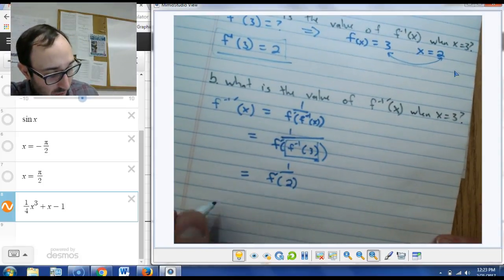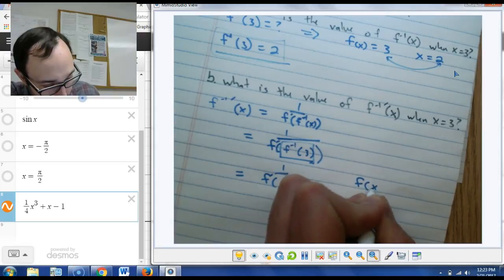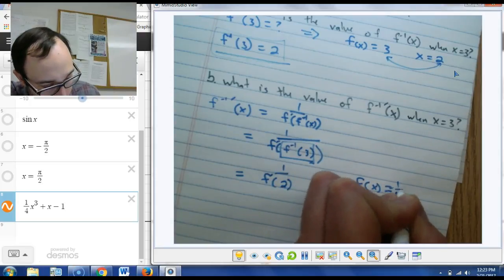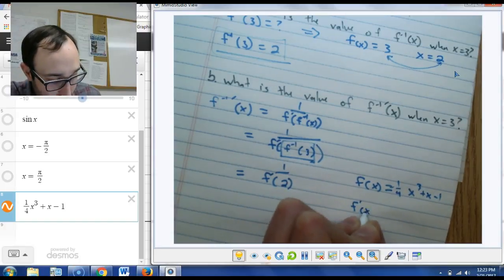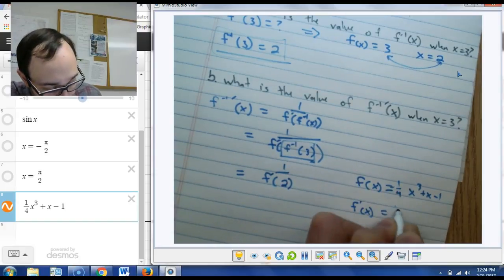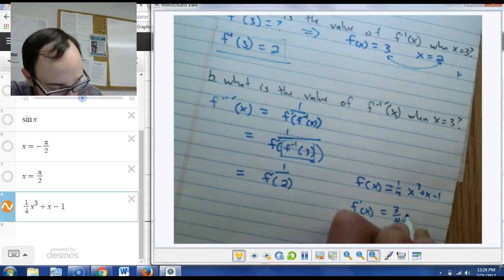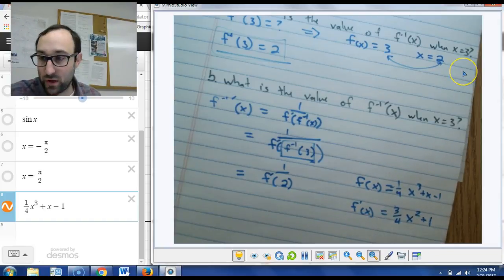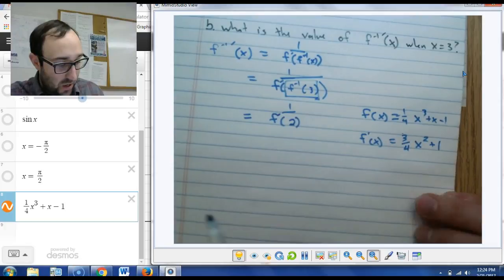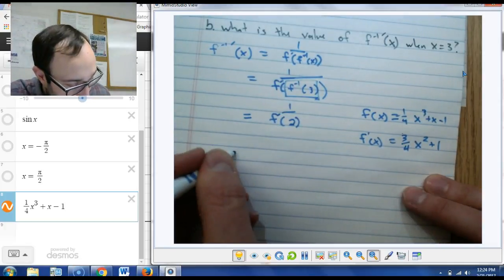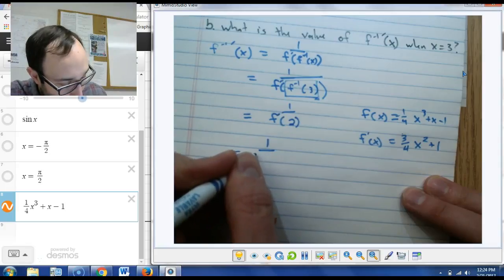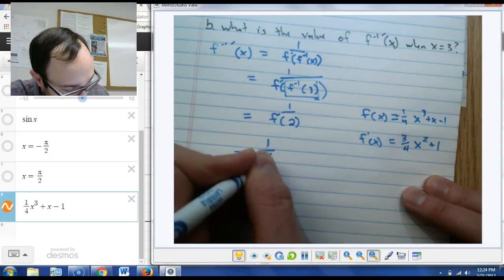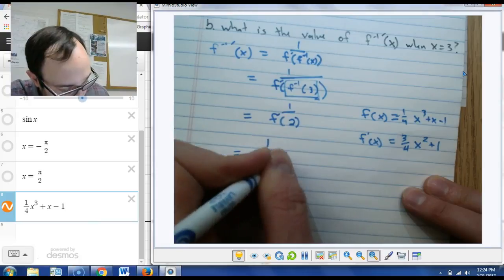So now we say, if f of x equals 1/4 x cubed plus x minus 1, f prime of x is going to equal, bring that 3 out in front, 3/4 x squared plus 1. So we can go in here and say this is going to be the same as 1 over 3/4 of 2 squared plus 1.